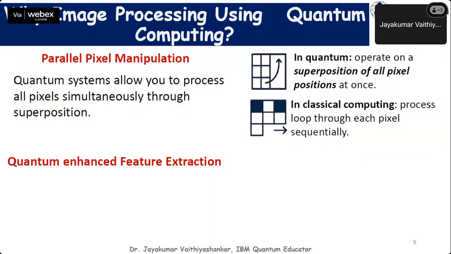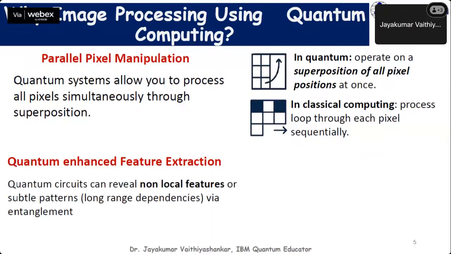Each and every step will be enhanced by quantum computing. Suppose you want to extract features in a classical image, rather than classical, you can go for quantum, right? If you're designing a quantum circuit, you can reveal non-local features or subtle patterns via entanglement.